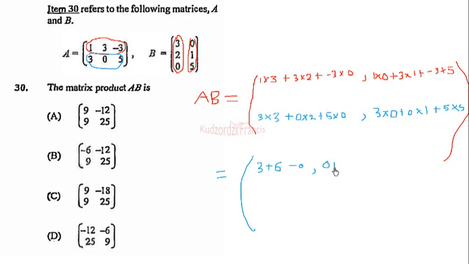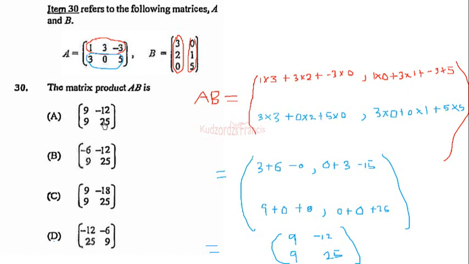Then we have this over here, 0 plus 3, then minus 15. Then we also have here 9 plus 0 plus 0. Then over here too we have 0 plus 25. So let's simplify finally to get our matrix to be 9, then negative 12, then 9, and 25. So that is our matrix.